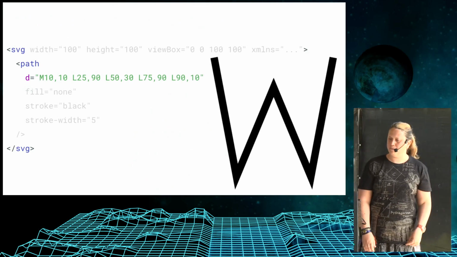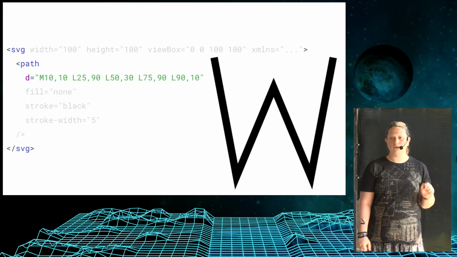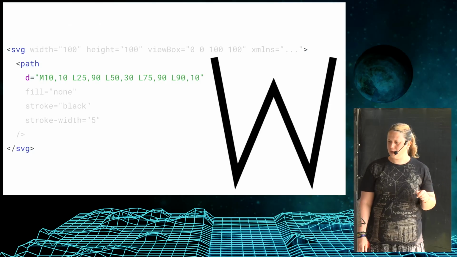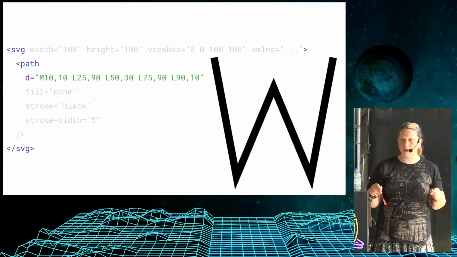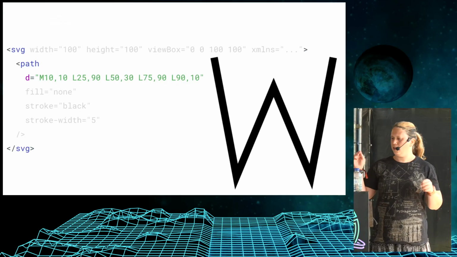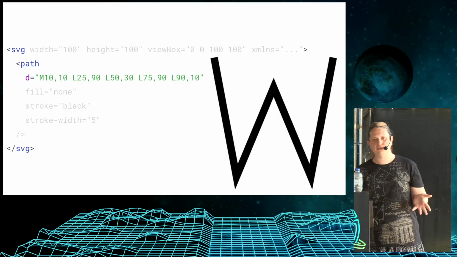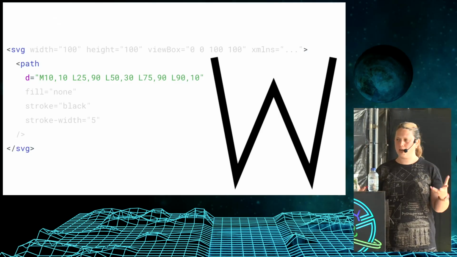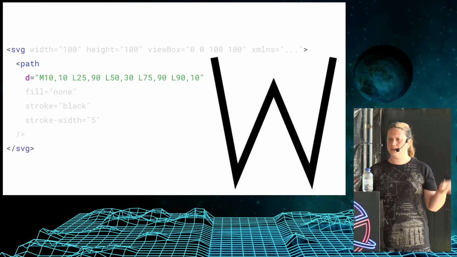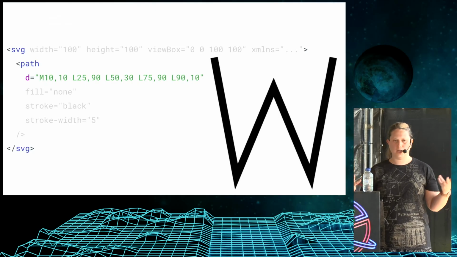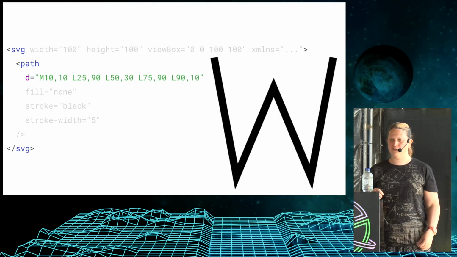Let's see another example. I want to draw a very simple W character. What you see here is one definition of a path. A path is just a command that tells SVG how it should be constructed. Construction, that's a very important verb. You will see it a lot, stuff being constructed across our talk, so don't get tired of it just yet.